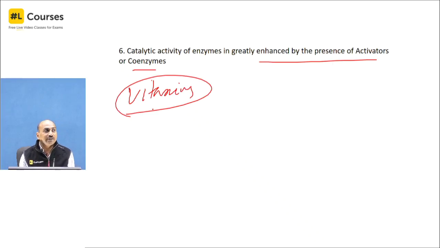Especially the majority of enzymes work with the help of certain vitamins, and they bring about the activation of your catalyst, and the active centers are kept active for the bioenzymes or the proteins. So those substances are called coenzymes or co-activators.